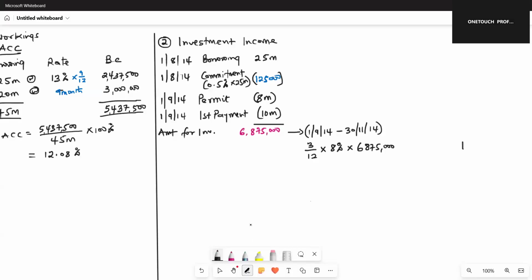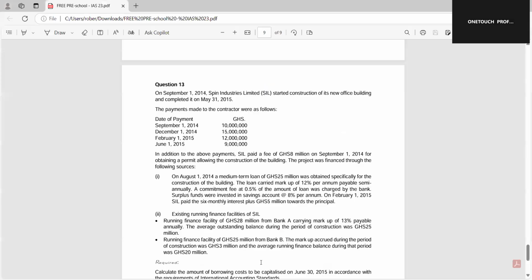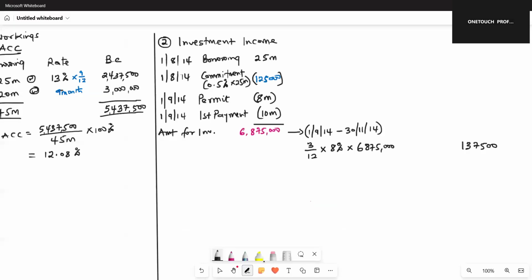Yes, 137,500. Okay, let's go back to the question. After investing this, we have 6.875 million left. But the next payment, we needed 50 million. So that's the only investment we can make. Do you agree with me? Yes, please.